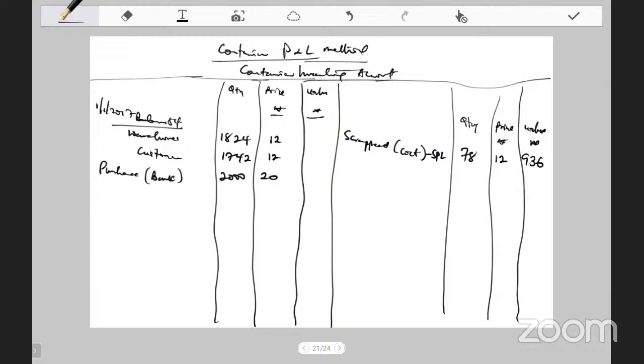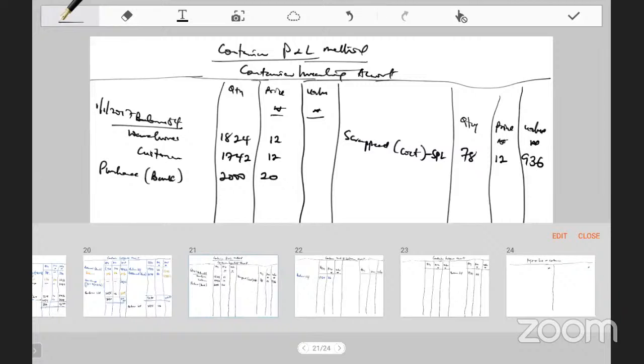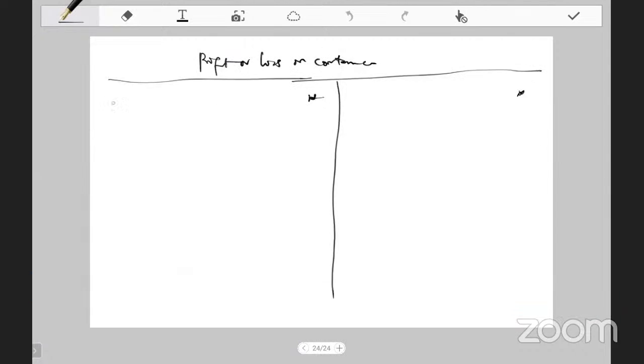And that which you have sold is an expense. So I go to my P&L and say scrap, the cost of scrap. How much is it? 936.